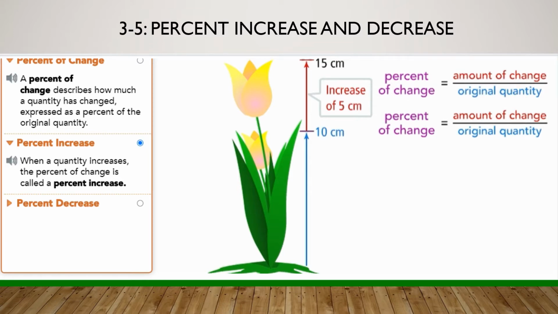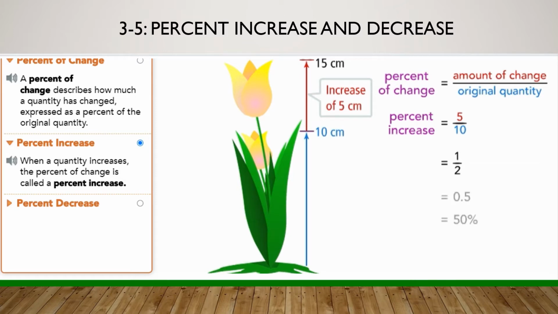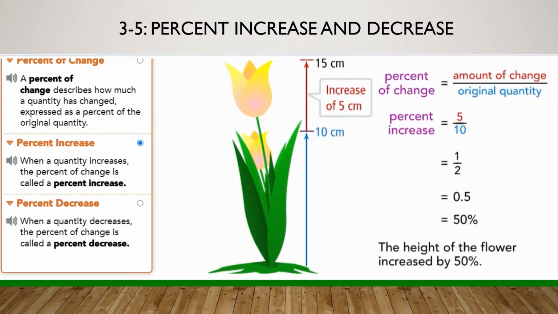In this case, the percent of change is a percent increase. The amount of change is 5 centimeters, and the original quantity is 10 centimeters. Simplify the fraction to 1/2. The fraction equals 5/10, or 50%. The height of the flower increased by 50%.